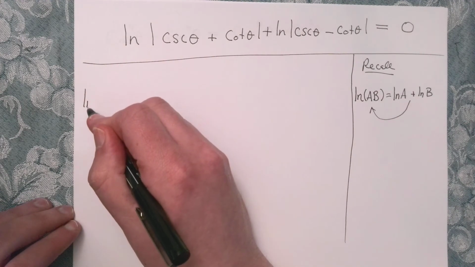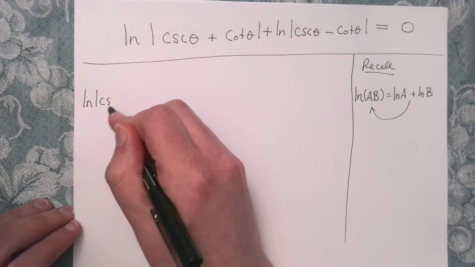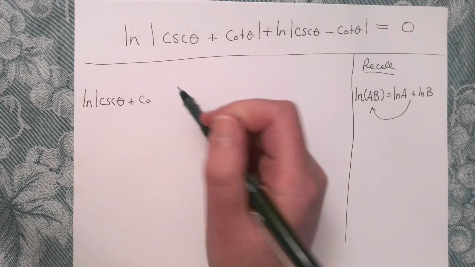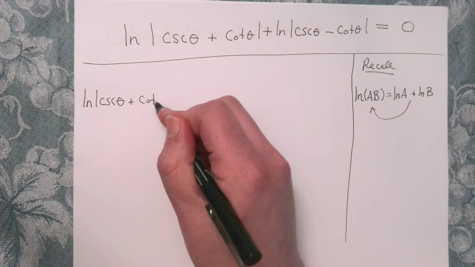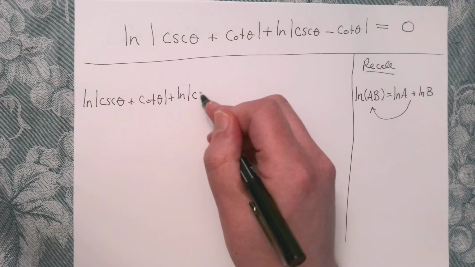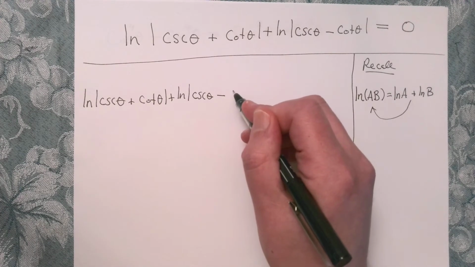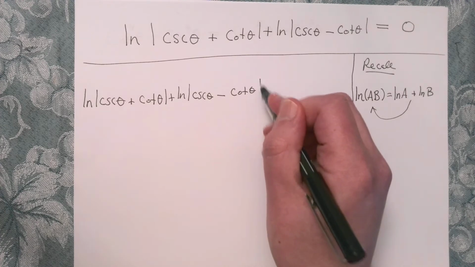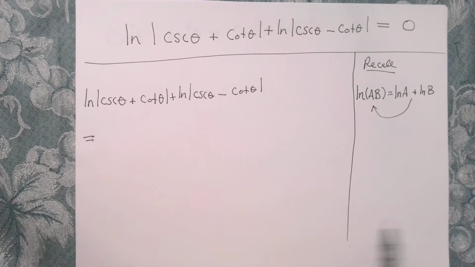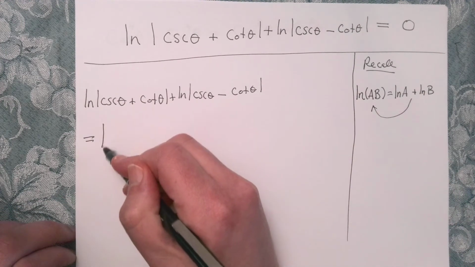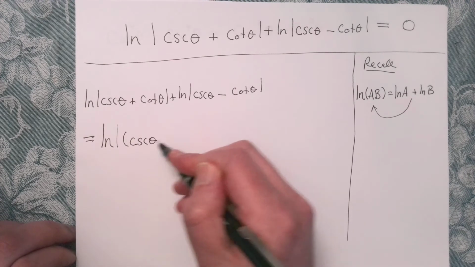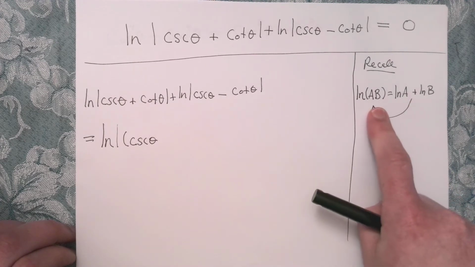Okay, so let's see what we have here. Of course, we're going to work with the left side and show it's equal to the right. Okay, let's work down this way. So by this property, we have a single natural log of the product of the inside. A sum can be rewritten like this.